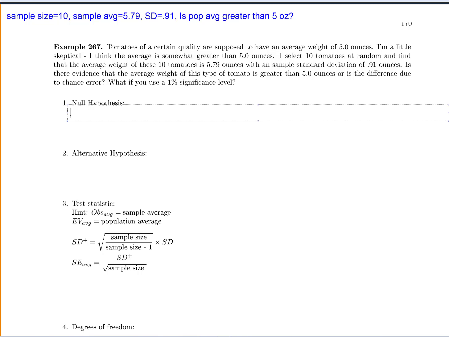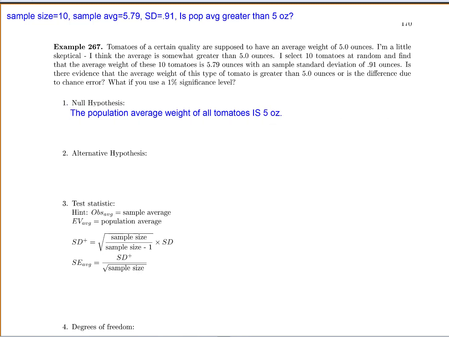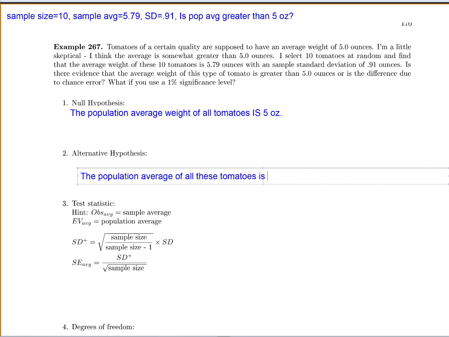It's always equals to, nothing interesting. So we would say the population average weight of all the tomatoes is 5 ounces. Any difference would just be due to chance error based on which sample I pick. The alternative is what we want to show, which is that the population average of all these tomatoes is greater than 5 ounces.